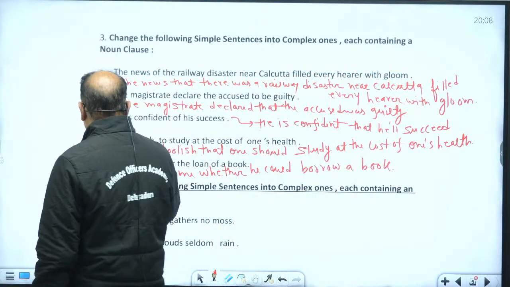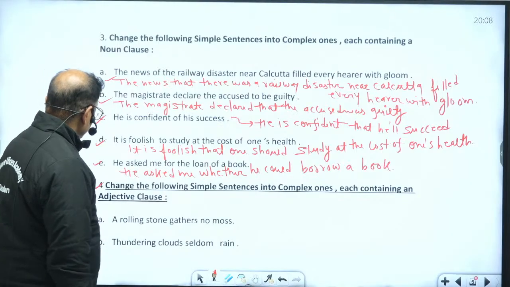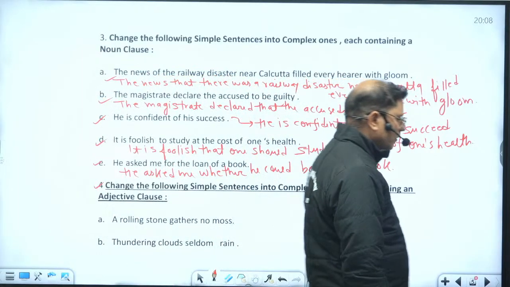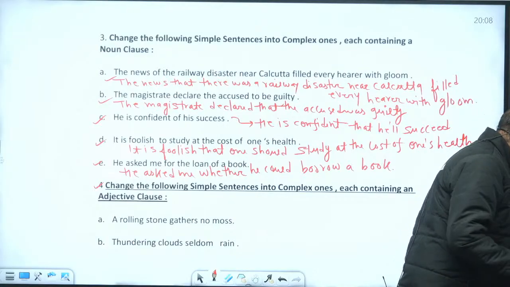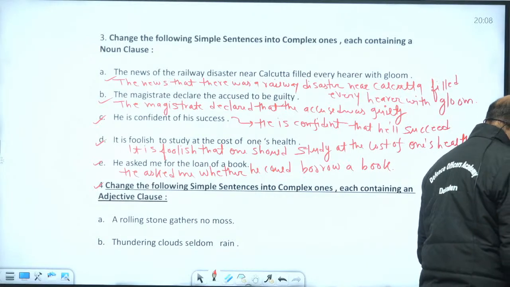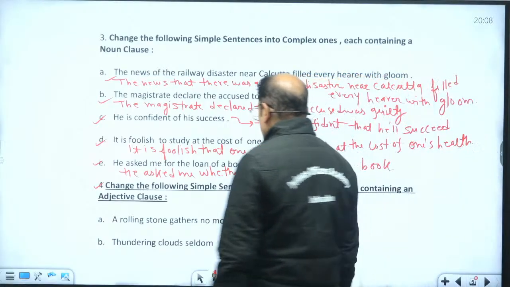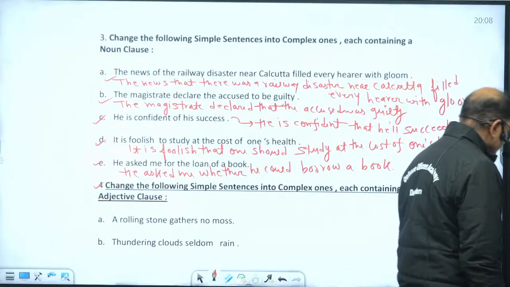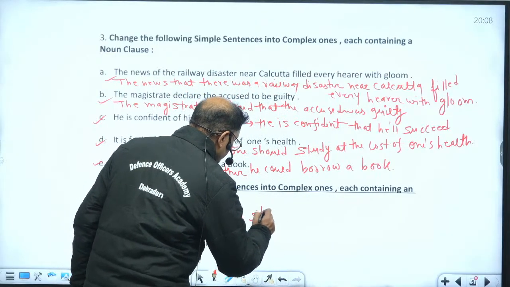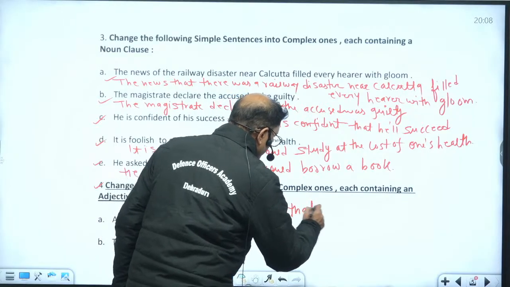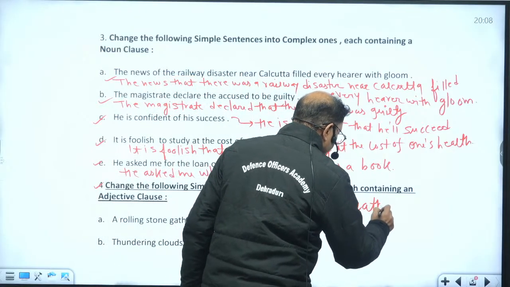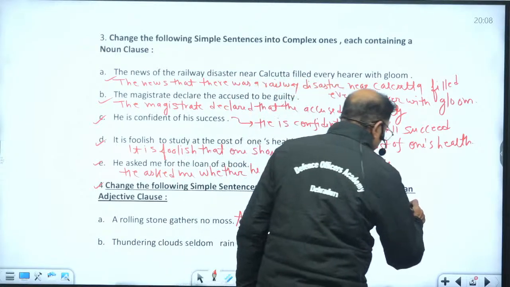Okay, we can do some questions in question number 4. Change the following simple sentences into complex ones, each containing an adjective clause. A stone that rolls gathers no moss.